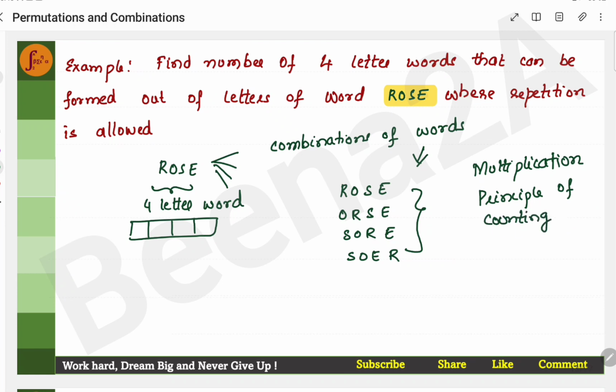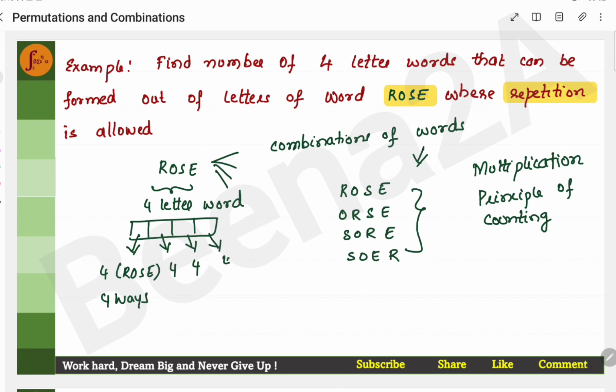Now how do we do that? So first we'll start with the first letter, right? Now remember here repetition is allowed. So you can use the same letter again and again. So first letter, how many ways? There are 4 letters, right? R, O, S, E. So 4 ways. Now second letter, repetition is allowed, so again I can use the same 4 letters. Third letter, same 4 letters.